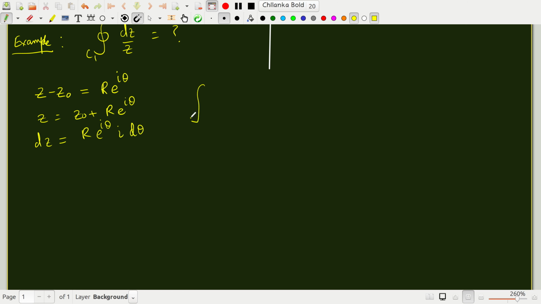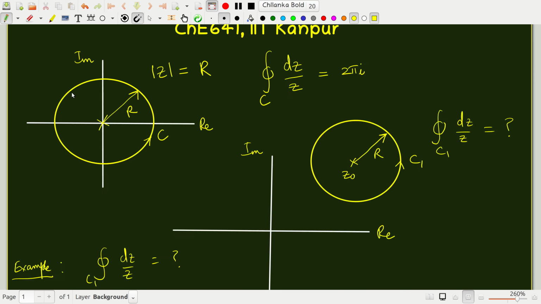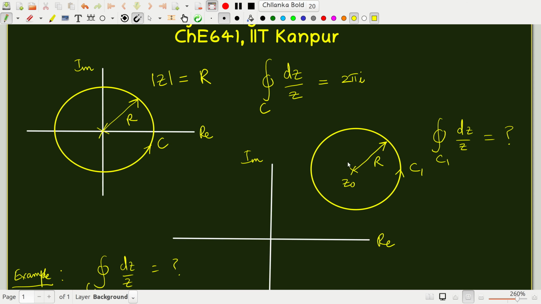So the integral over C1 of dz by z is nothing but the integral with theta going from 0 to 2 pi. Now theta is not measured around the origin. Remember, theta is now measured about this circle, because we are now measuring z minus z naught as R e to the i theta.